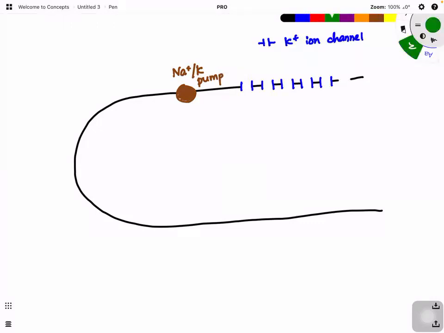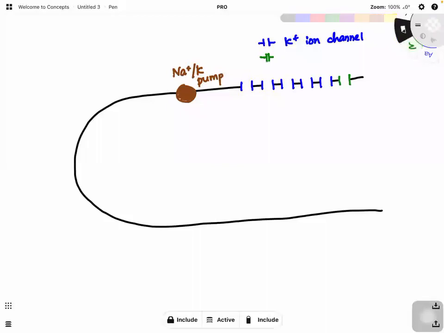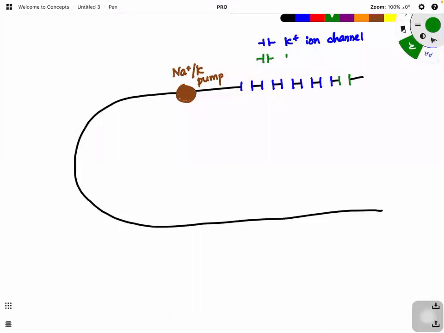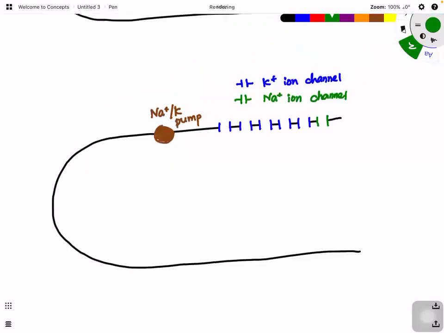The green color here indicates the sodium ion channel. Because of these two, this helps to maintain the membrane's resting potential.